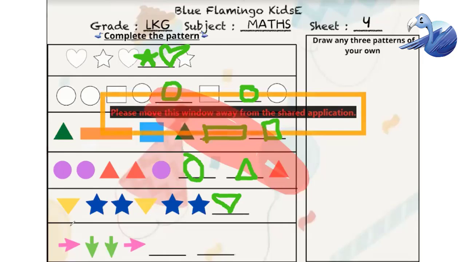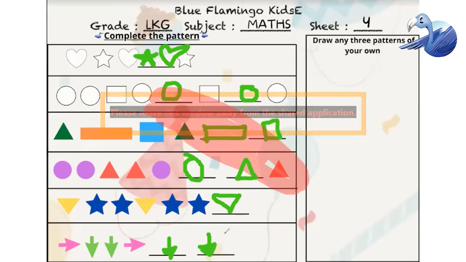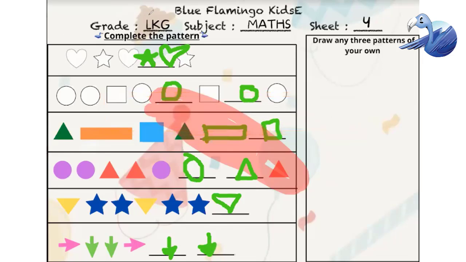Okay. Now next is arrow right side, then 2 arrows down, then again arrow right side, then 2 arrows down, 2 arrows down. Okay, so like this, students, you have to complete this worksheet.